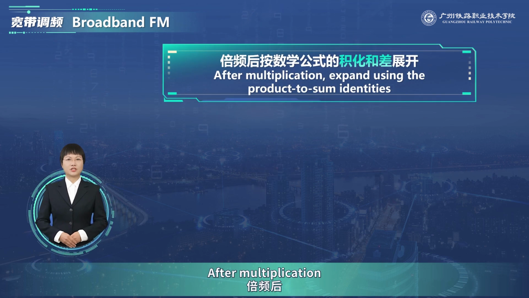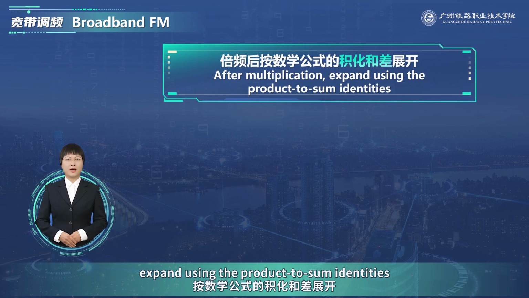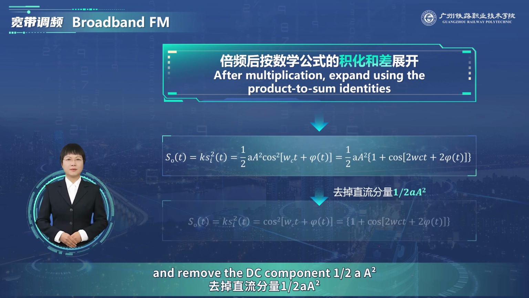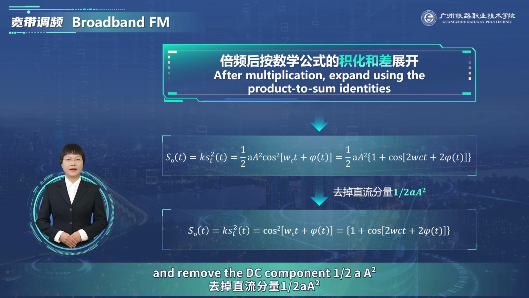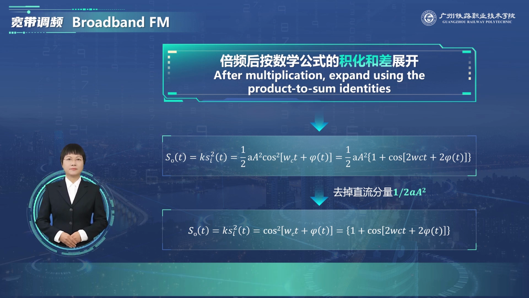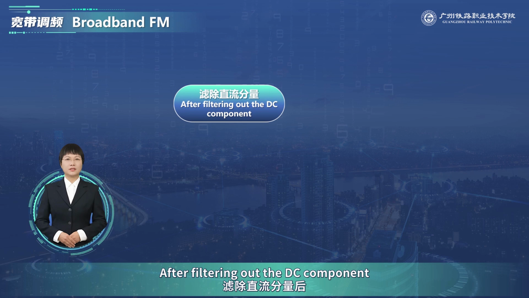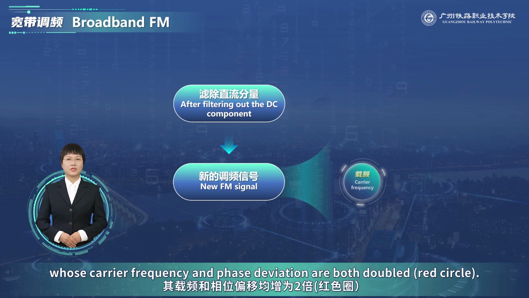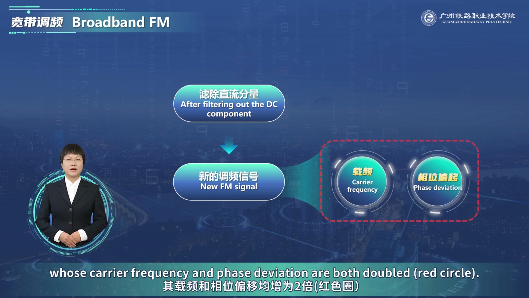After multiplication, expand using the product-to-sum identities and remove the DC component 1/2 a squared. After filtering out the DC component, a new FM signal is obtained, whose carrier frequency and phase deviation are both doubled, red circle.